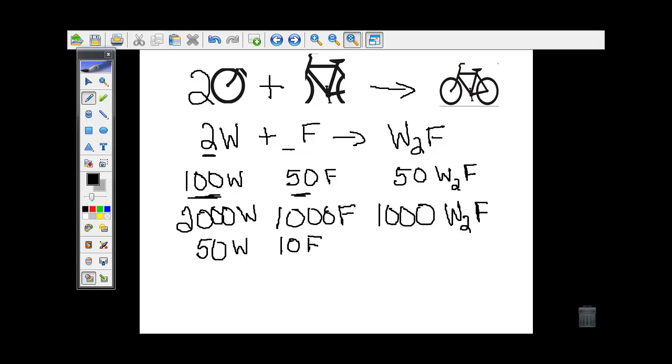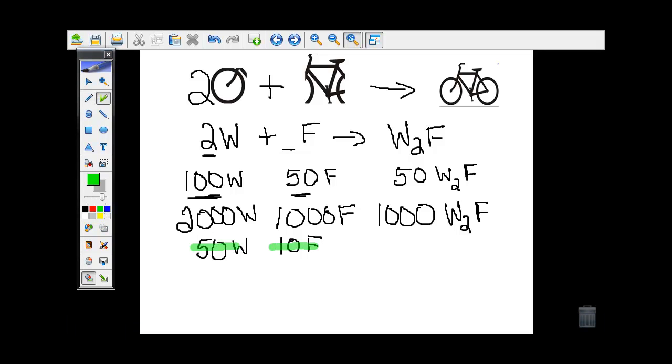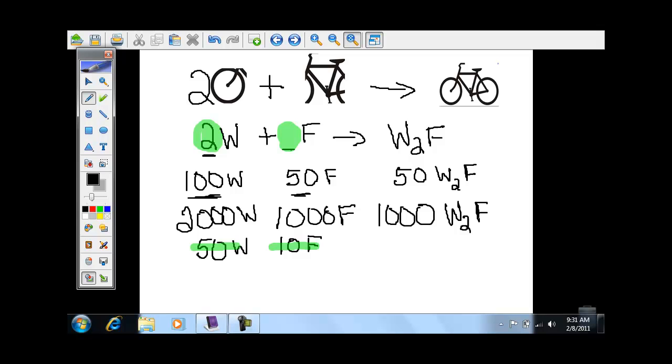Well, what you should see is that these are not at an ideal ratio. The ideal ratio was 2 to 1, and this is 50 divided by 10, a 5 to 1 ratio. So you should be thinking to yourself, we're going to run out of something first. I'm not sure which. Let's see.